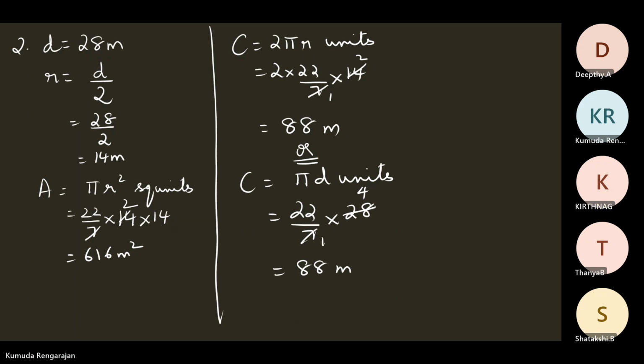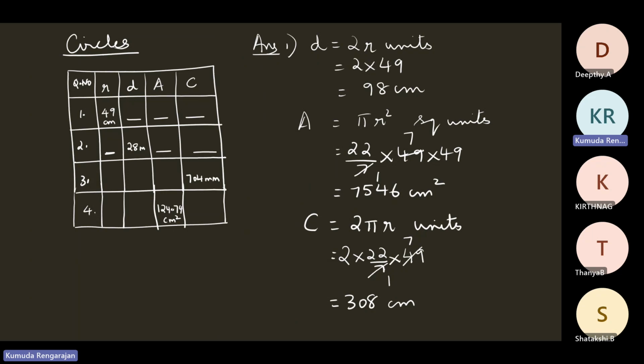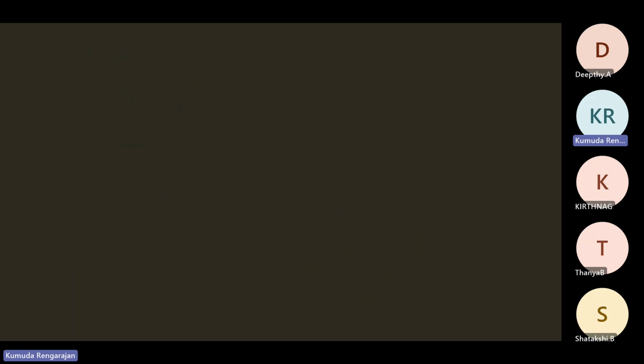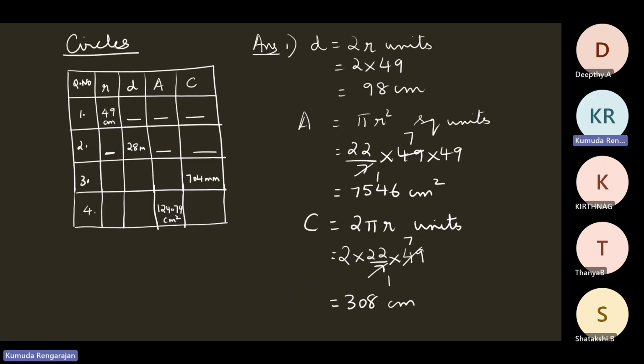Yes, ma'am. Okay. In the third one, the circumference is given to be 704 millimeter. Correct? So under circumference, you should write the formula to find the circumference. So circumference is nothing but 2 pi r, or circumference is nothing but pi d.